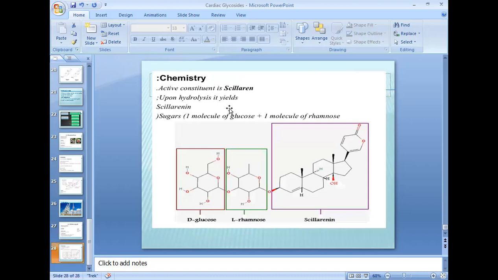The active constituent includes scillaren, which is a glycoside, and upon hydrolysis it results in scillarenin having a 6-member lactone ring. Why? Because this glycoside is an example of bufadienolide, where the lactone is a 6-member ring having 2 double bonds. Similarly, it has a sugar moiety attached at carbon 3, rhamnose and glucose.